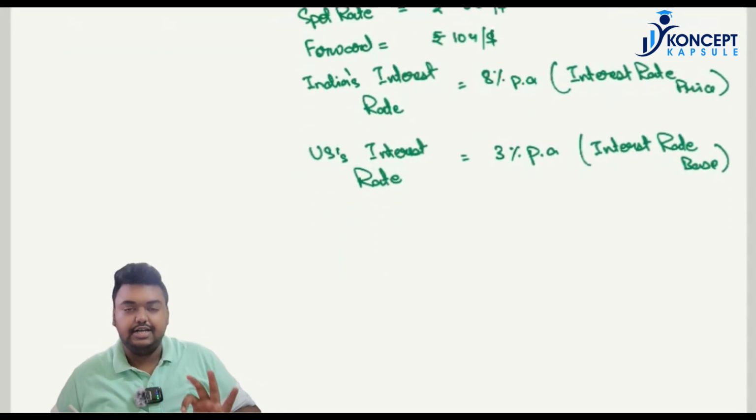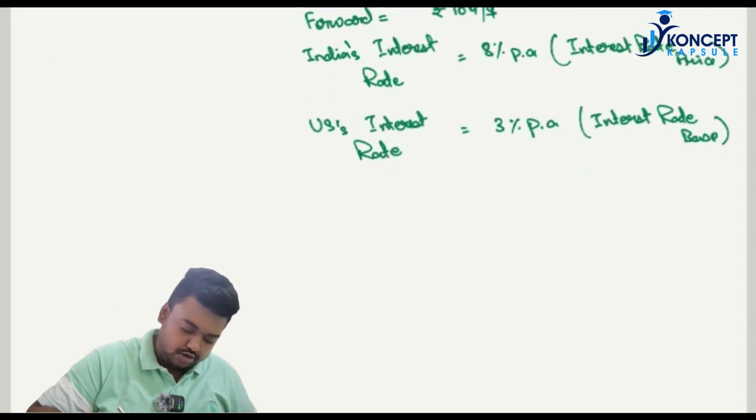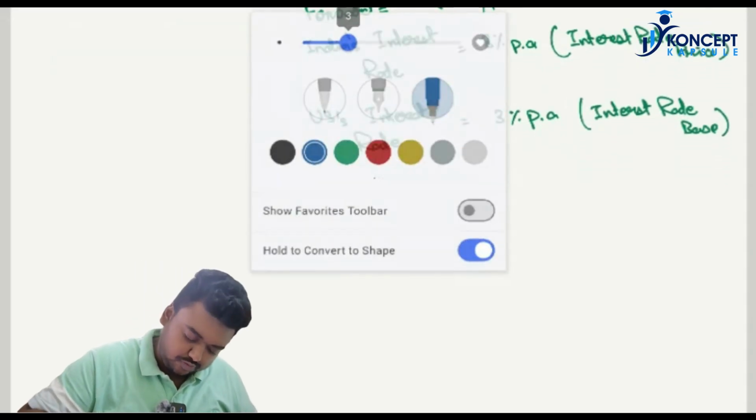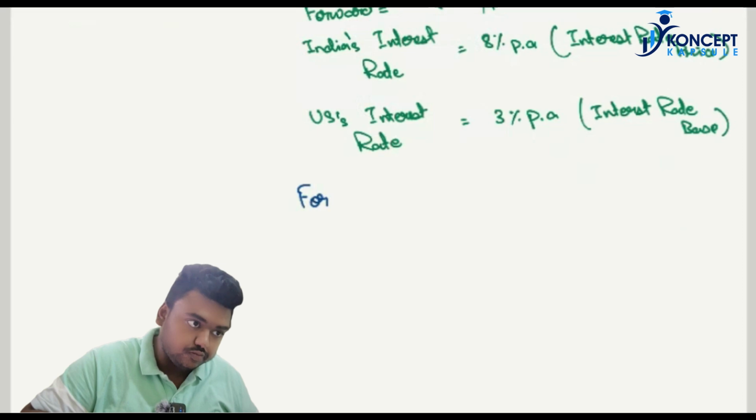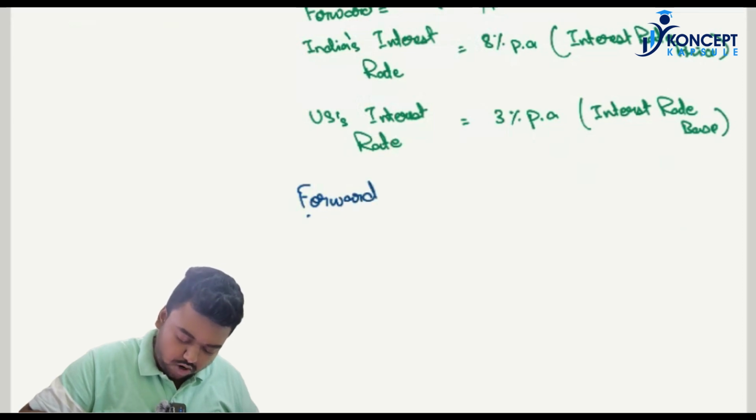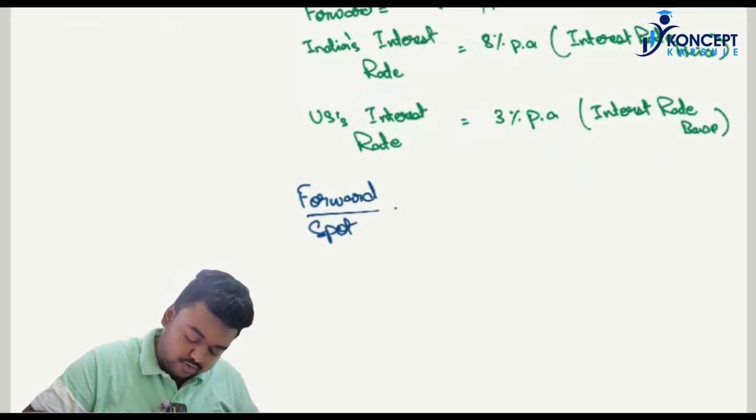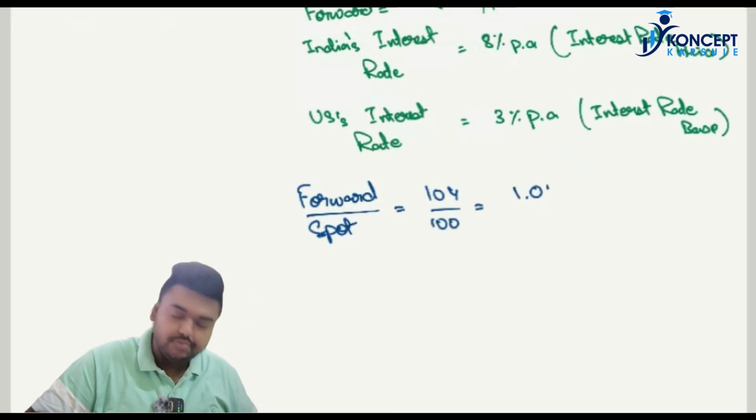Let us first check whether the condition is holding or not. Forward by spot is equal to 104 by 100, which is 1.04.